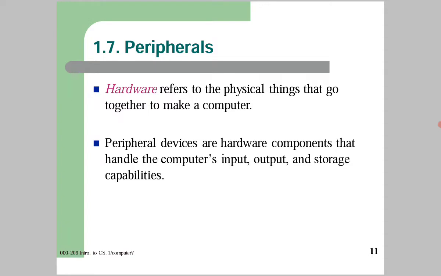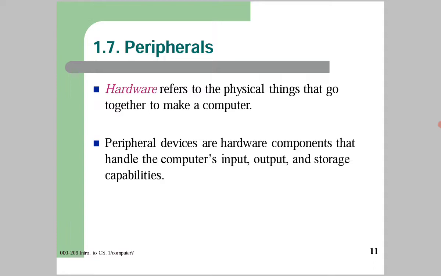So next is peripherals. What is peripherals or hardware? So basically computers have two components. First one is hardware or peripherals and second one is software. Hardware generally means electronic, electrical, mechanical chips, devices. So hardware refers to the physical things that go together to make a computer.